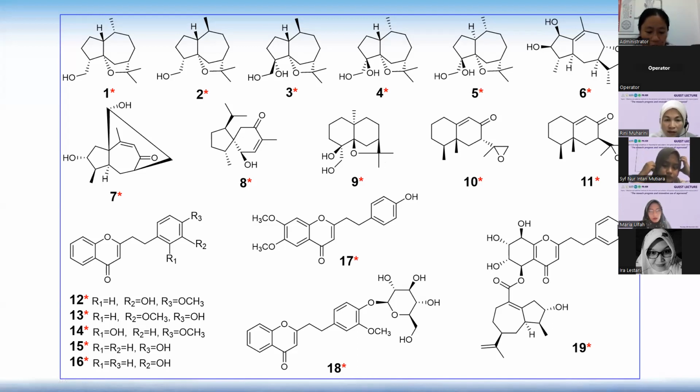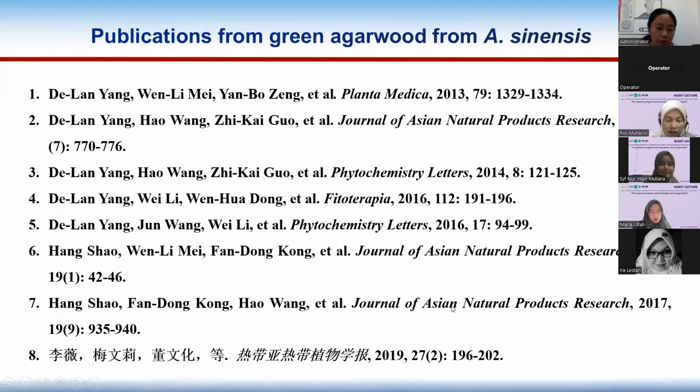And the last compound here is a dimer consisting of a 5,6,7,8-tetrahydro-2-(2-phenylethyl)chromone and one guaiane type sesquiterpene. From this sample, we only found one dimer of the chromone and the sesquiterpene. And from this sample, we have published 8 papers.